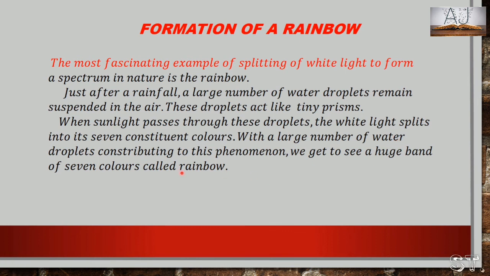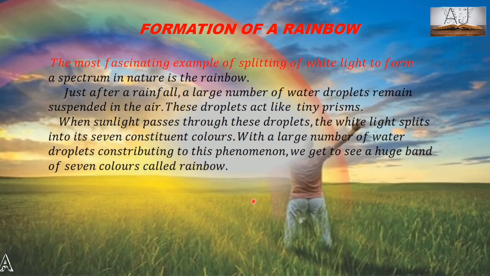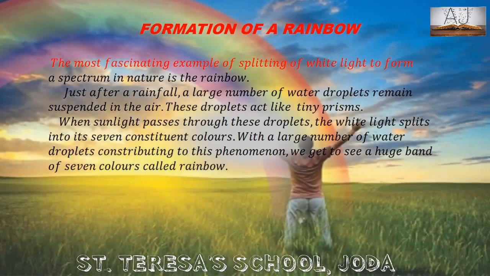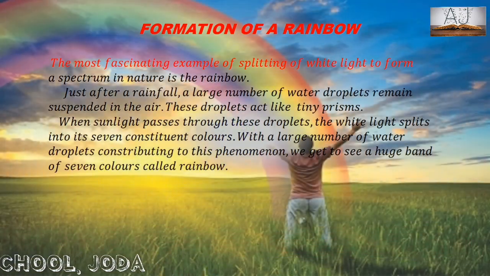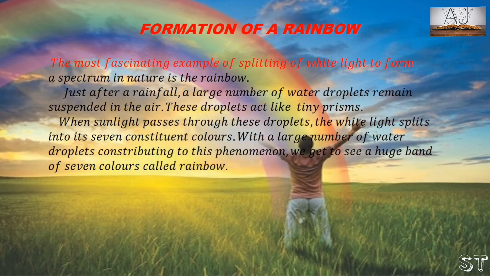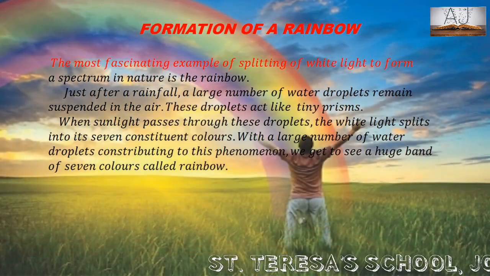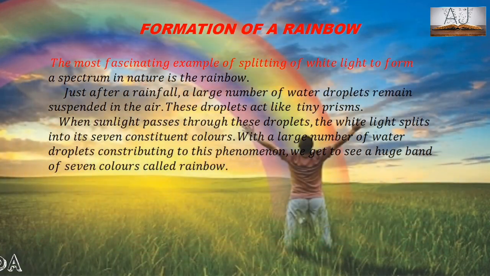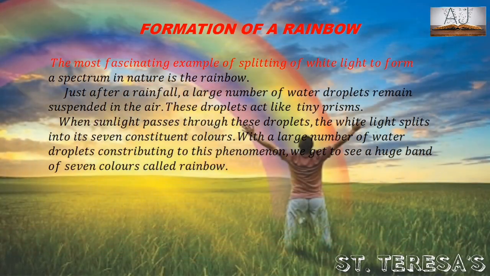When sunlight passes through these droplets, the white light splits into the 7 constituents like it happened in the prism. So with a large number of water droplets contributing to this phenomenon, we get a huge band of 7 colors which is called rainbow.